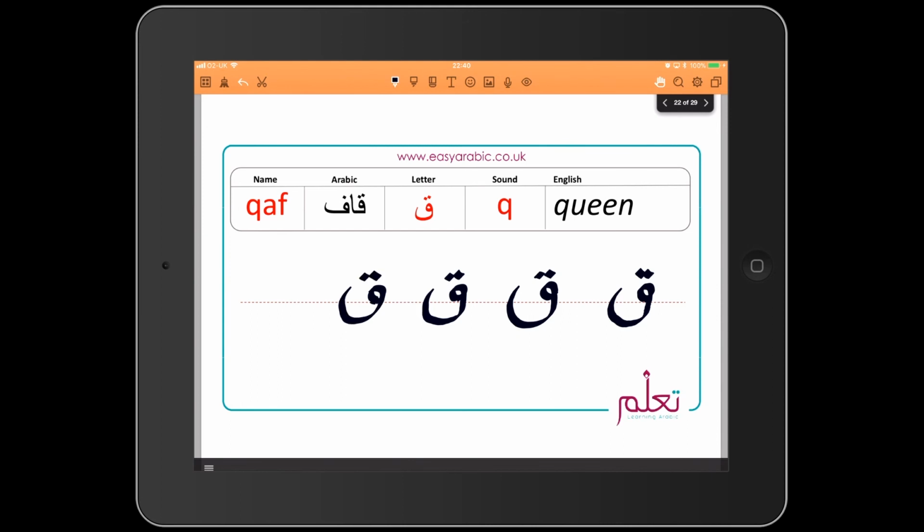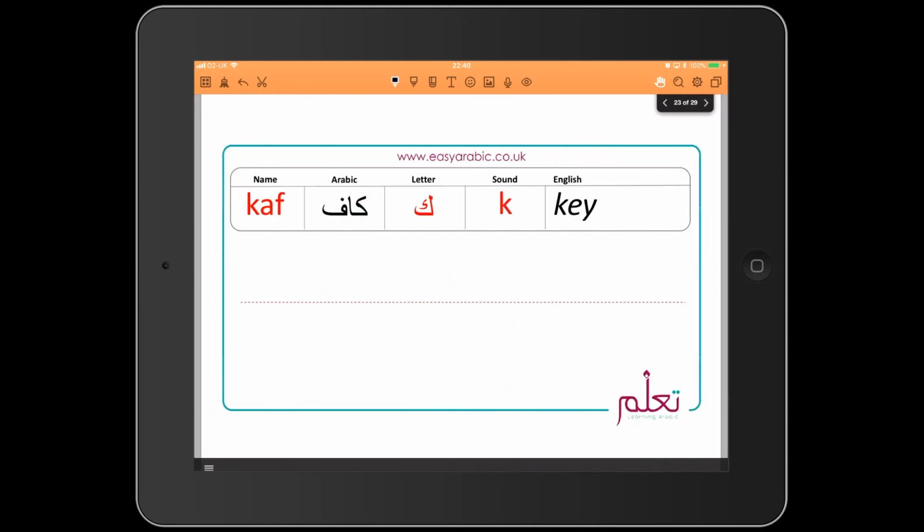And again I'll do it in two sections, qaf, yeah, qaf.